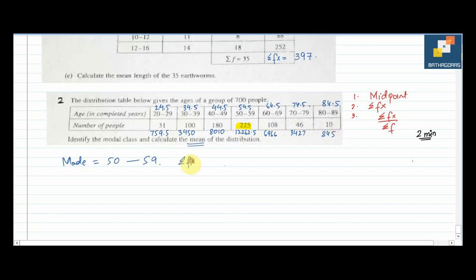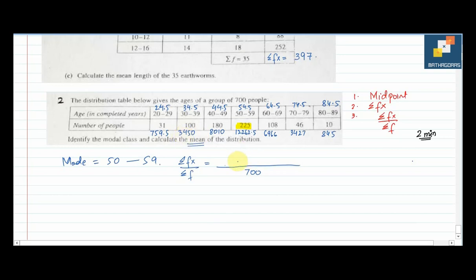You need to apply the working formula, summation of fx divided by summation of f. Summation of f is already given in the question, and that is 700. For summation of fx, I am just going to add up all the values. So 3427 plus 845 plus 6966 plus 12262.5 plus 8010 plus 3450 plus 759.5.